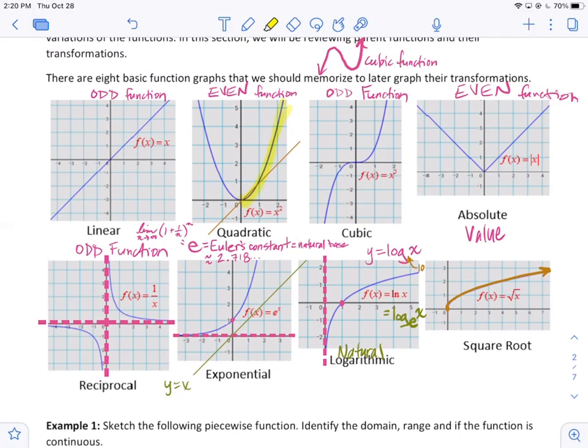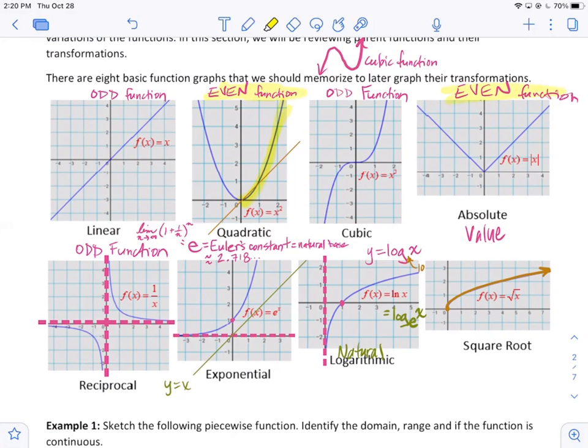Let's go back to this one here, where I said you could get the graph of the natural log of x by reflecting it across the line y equals x. What do you notice about the even functions? What do you notice about the two even functions, x squared and the absolute value of x? Is there a line of symmetry anywhere across which you could fold the graph and have it coincide with itself?